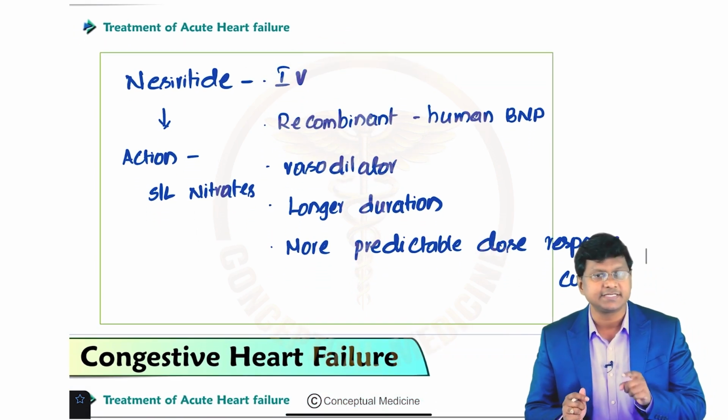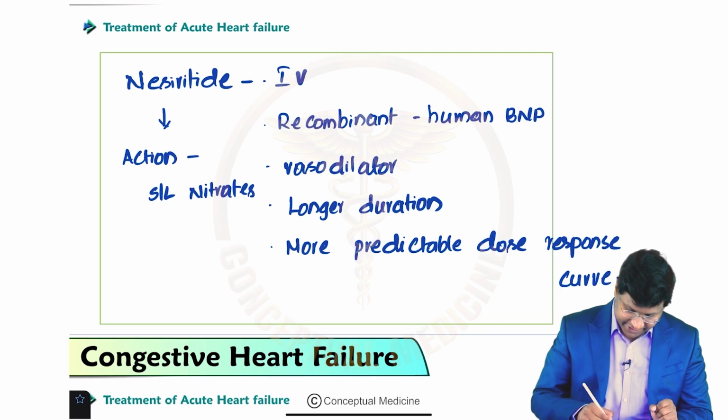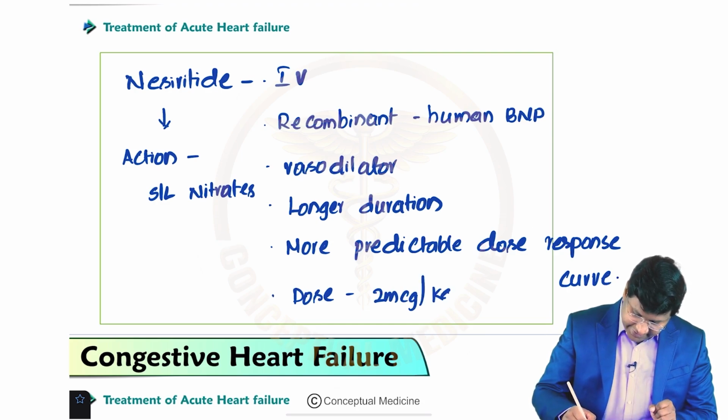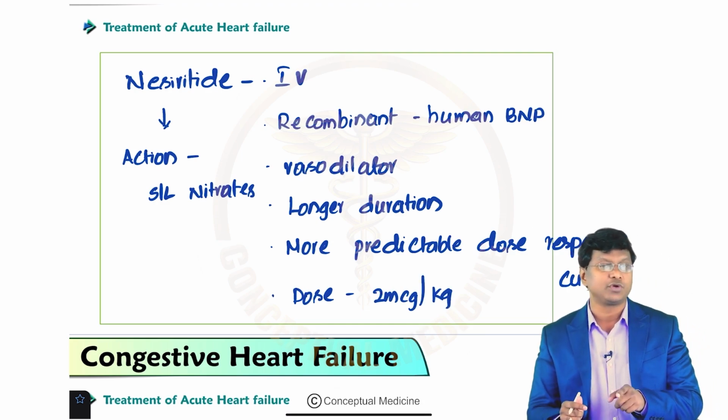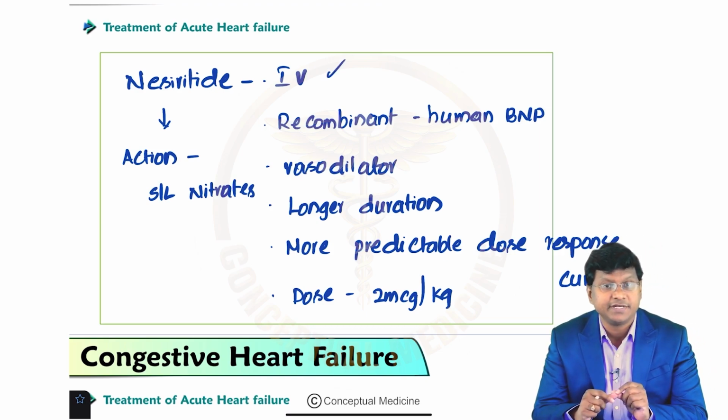In clinical studies, nesiritide is administered at a dosage of 2 micrograms per kg, and the route of administration, as I already told you, is intravenous.